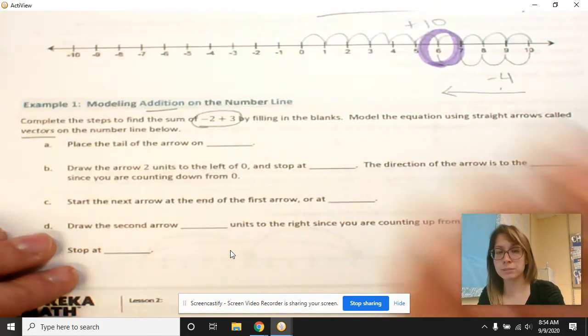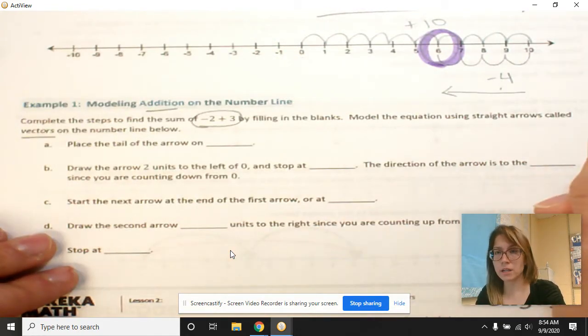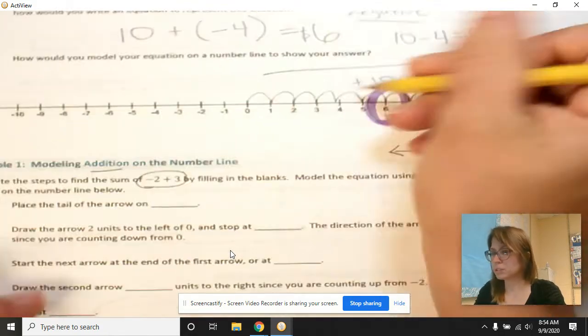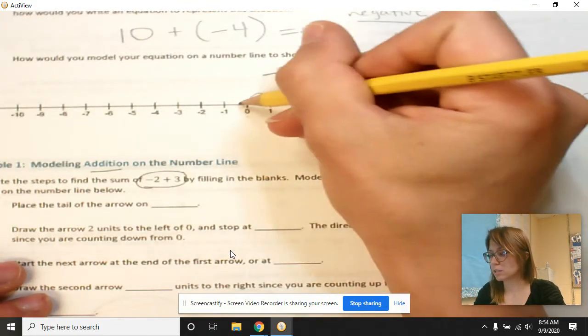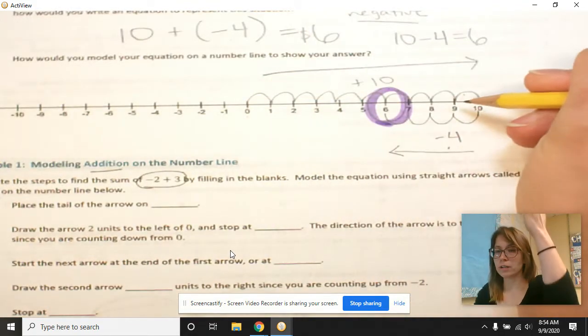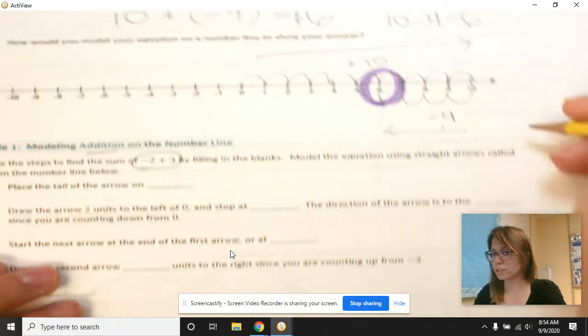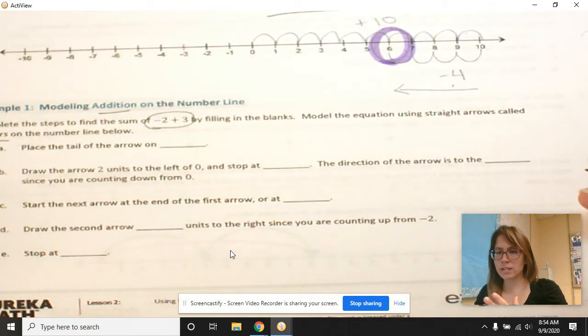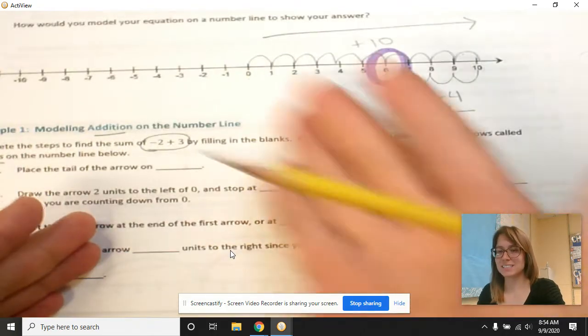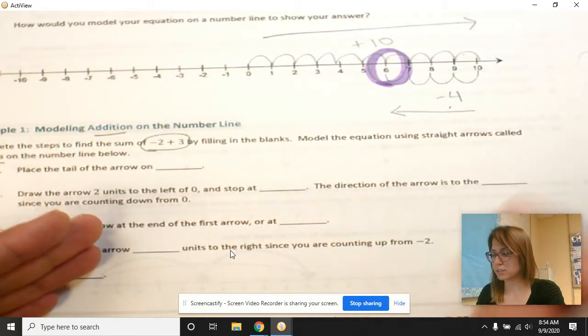We have some new vocabulary coming in. We're no longer going to be doing this. We're going to think a little bit higher on the scale of mathematics, and just go straight into drawing arrows to reduce some of the mess that we see on our number lines.